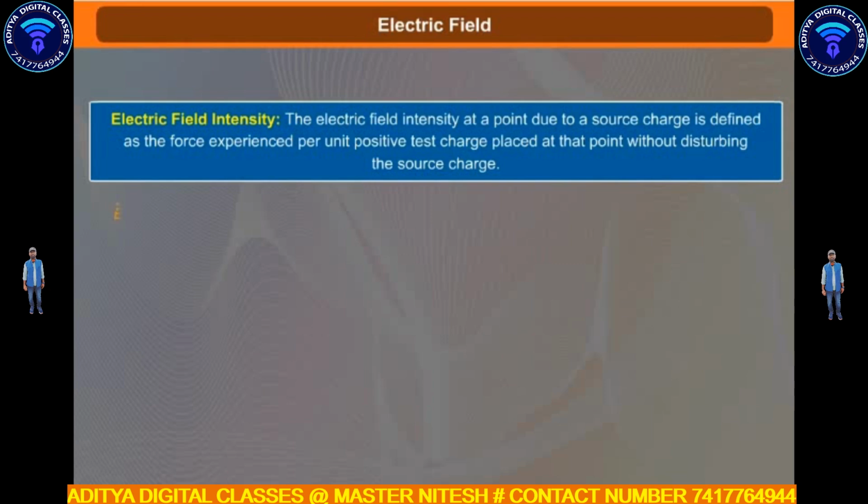The mathematical expression is given as E vector is equal to F vector by Q naught, where E is electric field intensity, F is force experienced by the test charge Q naught. Its SI unit is newton per coulomb.